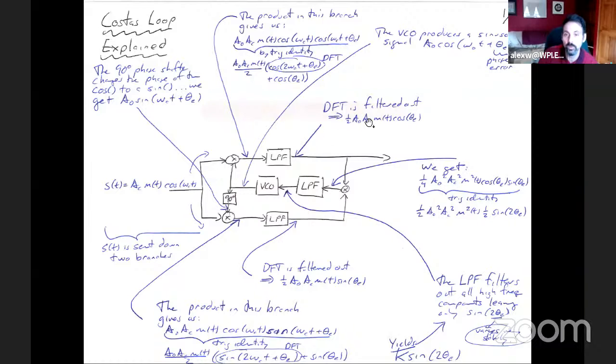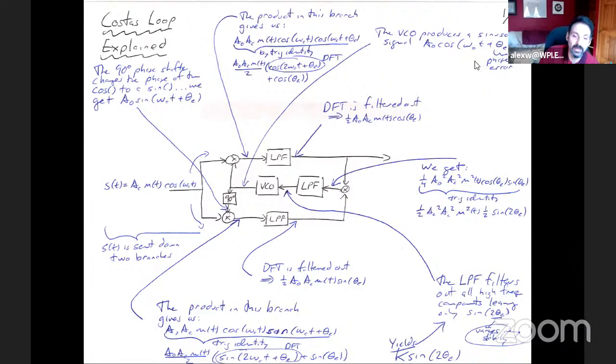So what we're left with is just the cosine theta E. At this end, cosine A sine B, what does that produce? Cosine A times sine B, okay, gives us sine A plus B plus sine A minus B, okay? And the low pass filter gets rid of that double frequency term.